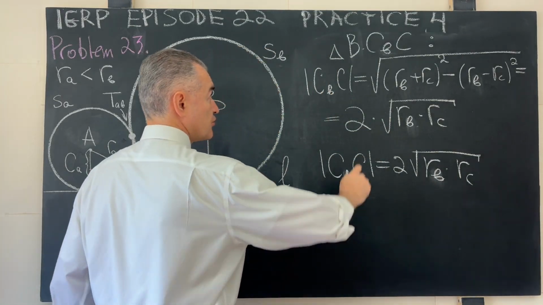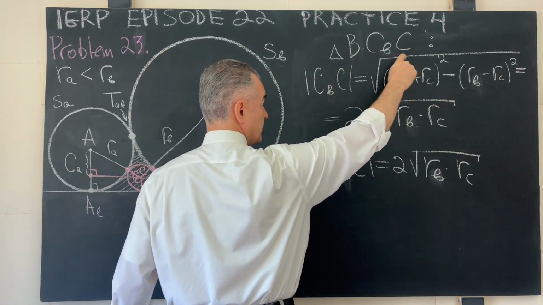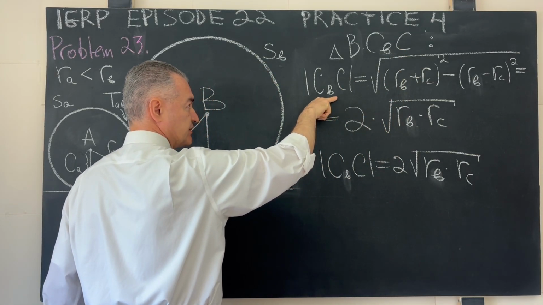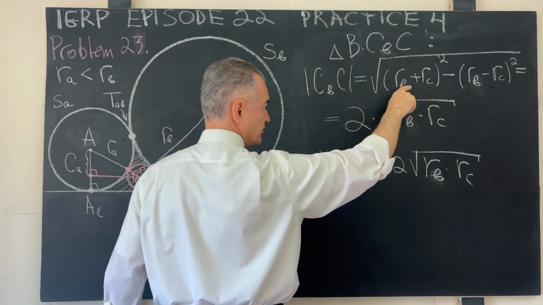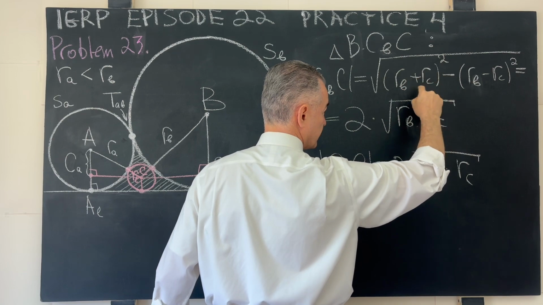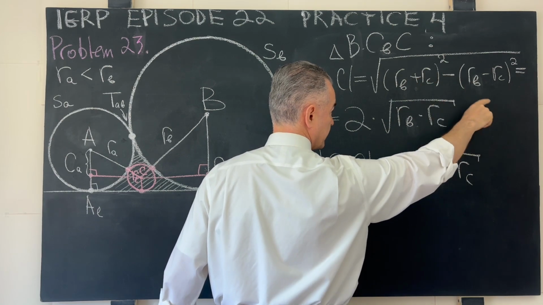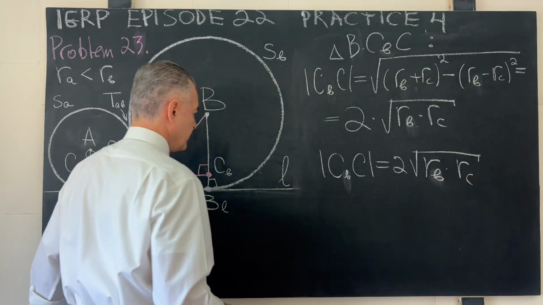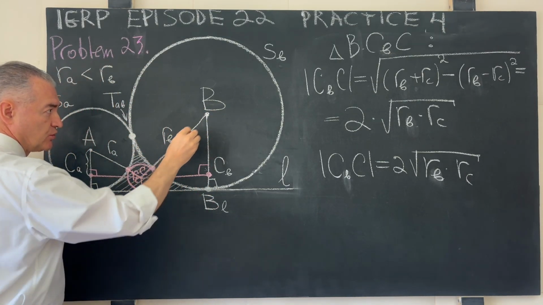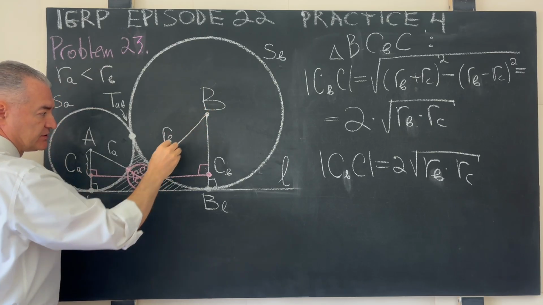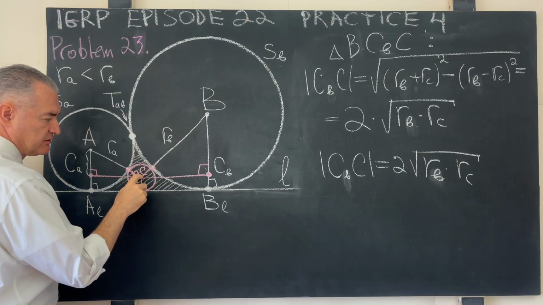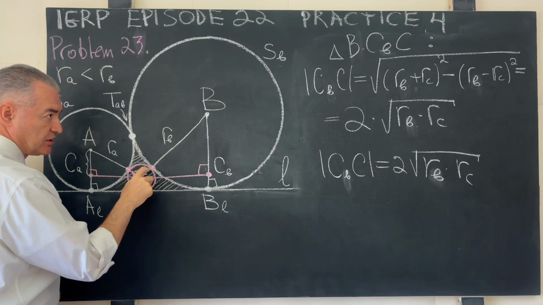Then from the triangle BCBC, we have again by the Pythagorean theorem, the length of the side of this right triangle is the square root of the difference between the squares of the length of the hypotenuse and the length of the other side. The hypotenuse BC, again, is a composite quantity, represented as the length of the radius RB of the generating circle SB and the length of the radius RC.